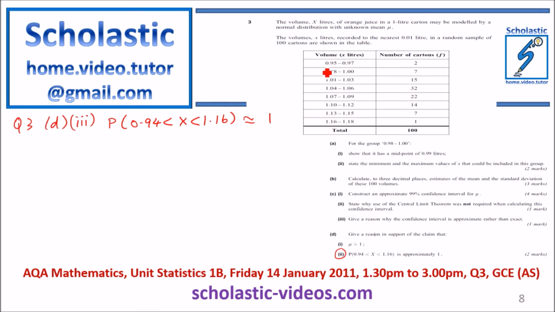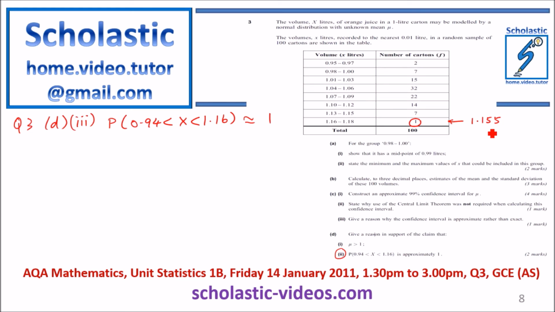When you look at the table here, there is only one value which lies outside this range, 0.94 to 1.16, which is 1.18. But there's a possibility that this value may be 1.16, because this class can go up to 1.155.